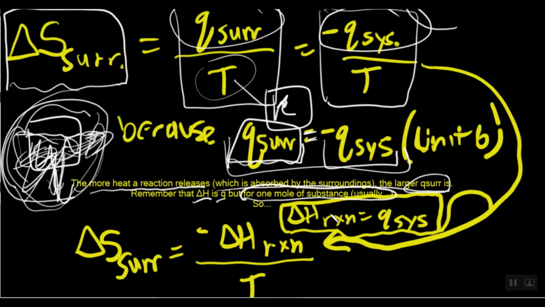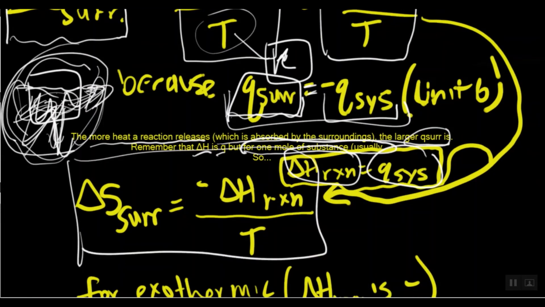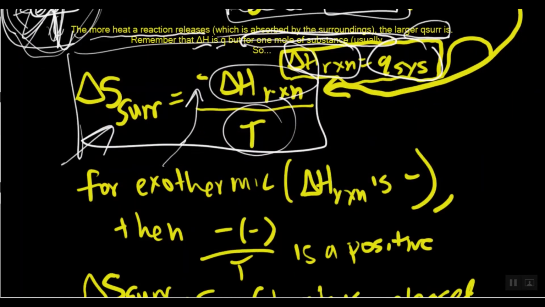So we can substitute the Q of system for literally the delta H of the reaction. And we get this cool equation right here, super duper useful. The change in entropy for the surroundings is actually equal to the negative delta H of the reaction divided by T.